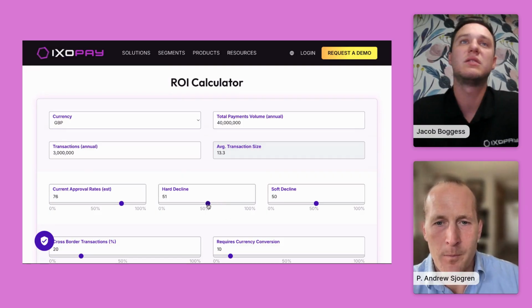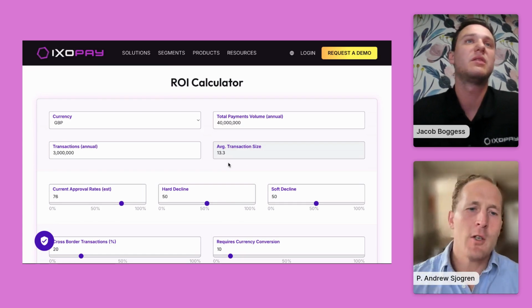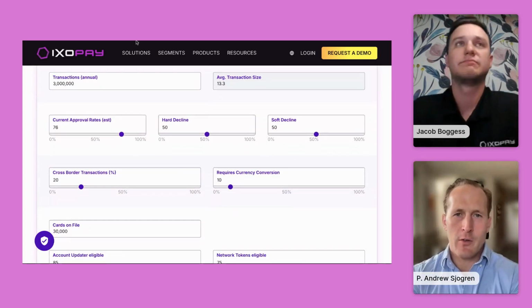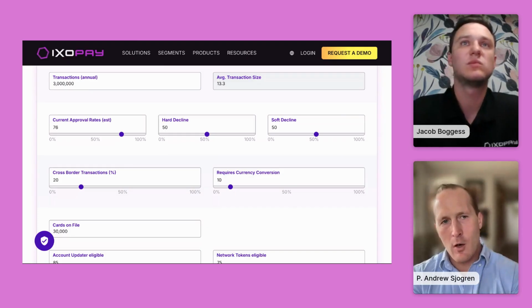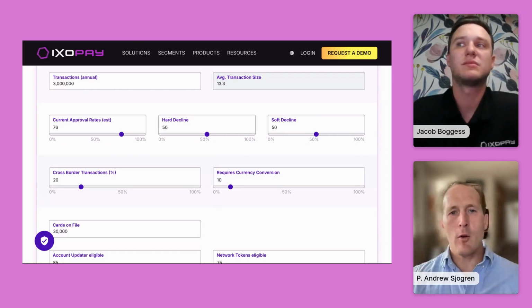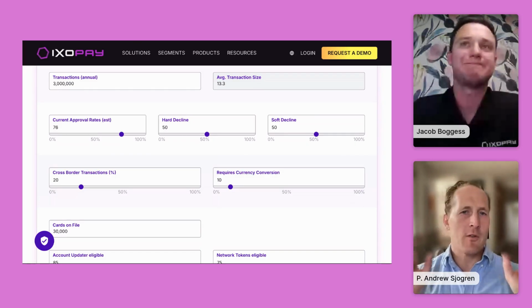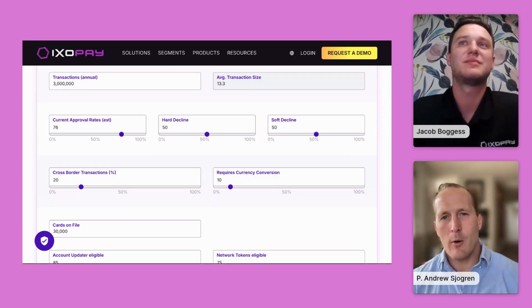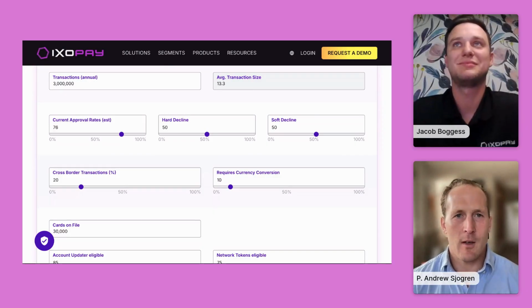Let's see. And especially that would make sense with some higher cross-border transactions, right? Cross-border transactions tend to cost more because they're dealing with the issuer and the acquirer in different jurisdictions, different geos. And so they're just going to be that much more cagey about approving the transaction.